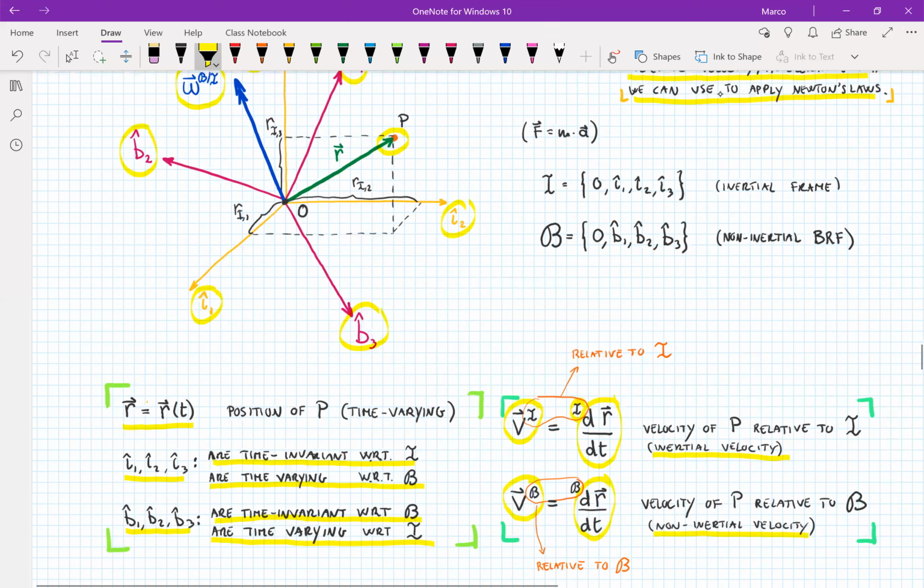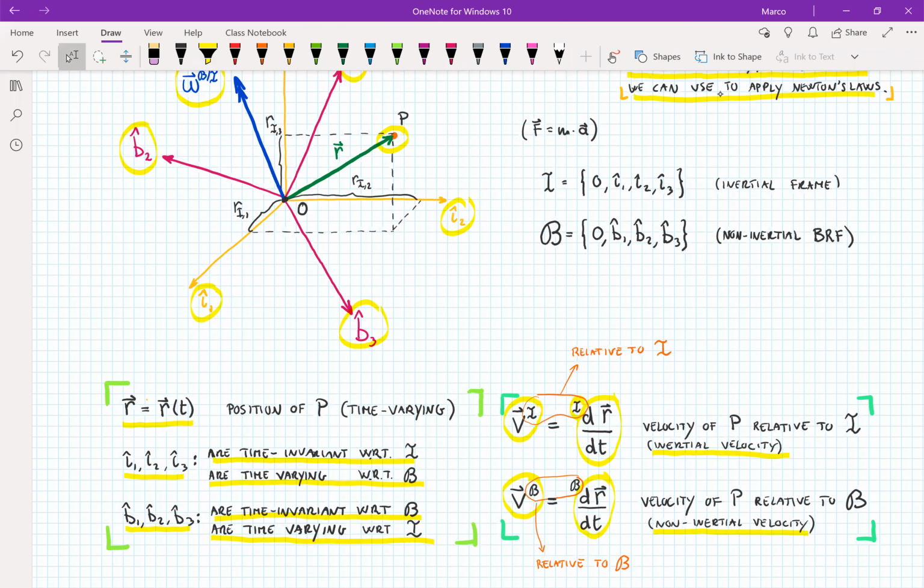Some of you might think, well, you just said that you're interested in inertial velocity and inertial acceleration, so why are you even bothering expressing the velocity with respect to the body frame? That's simply because the velocity with respect to the inertial frame of reference is much harder to measure.